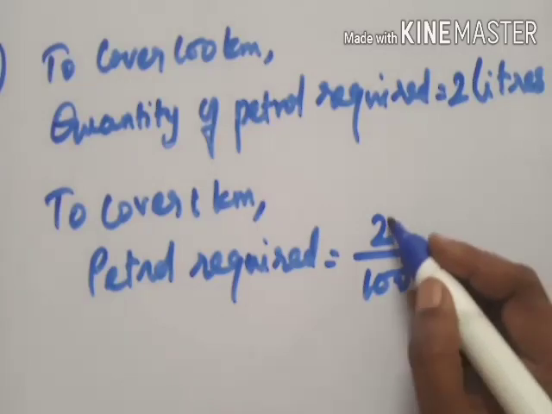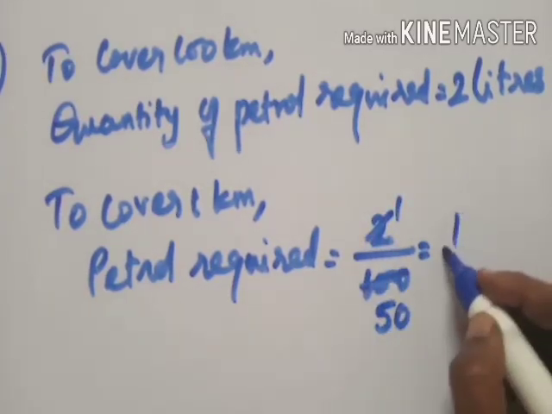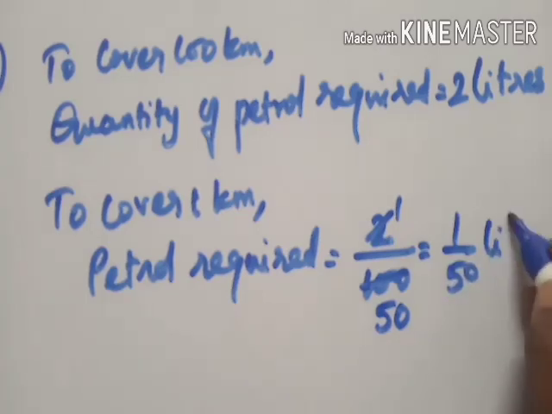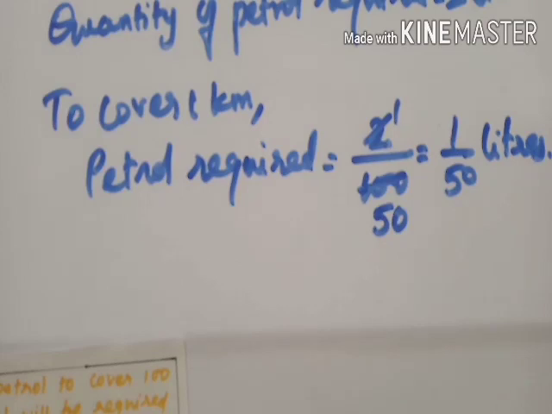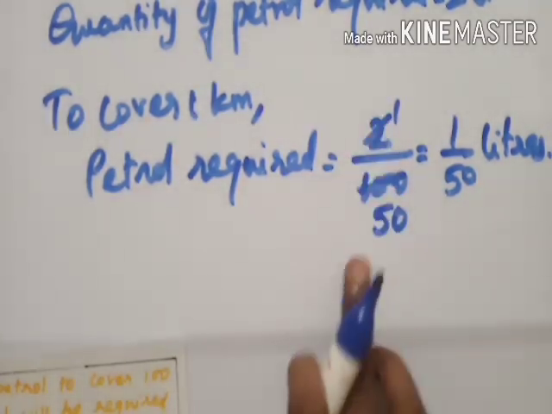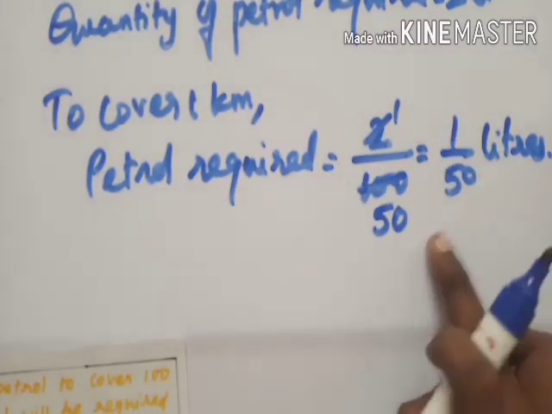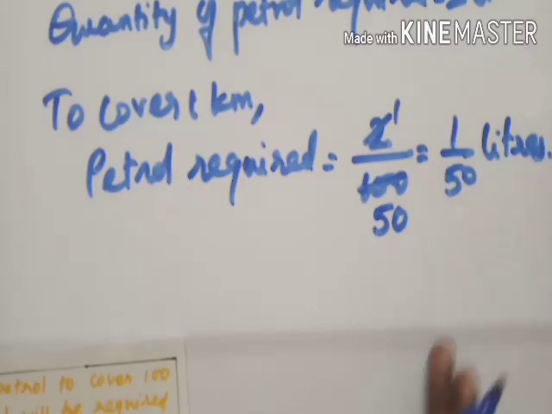So, simplify this. 1 2 is 2, 5 2s are 10, 0. That is 1 by 50 liters. Yes, 1 by 50 liters. That is, to cover 1 kilometer, petrol required is how much? 2 by 100. 2 by 100 simplified means we will get 1 by 50 liters.